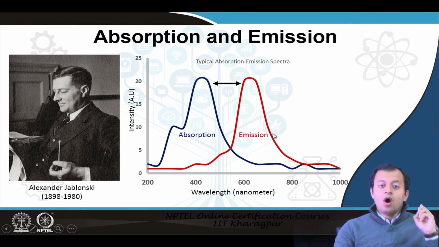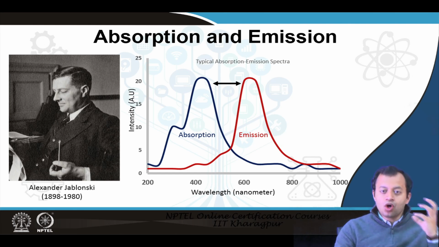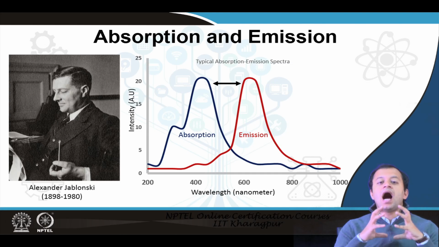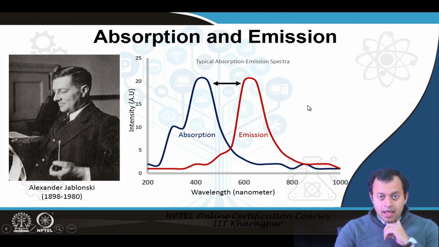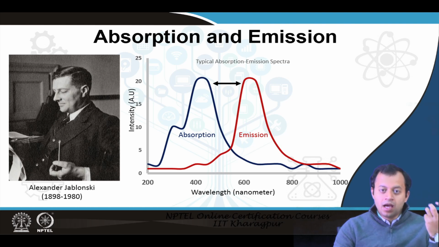Number 2, almost always, a majority of the time, the absorption happens at a higher frequency, at a higher energy. The emission, on the other hand, occurs at a lower frequency, a lower energy. There is a difference in the energy levels between absorption and emission. And why exactly is this happening? What exactly is going on internally in the atomic scale for material that shows this process of fluorescence?